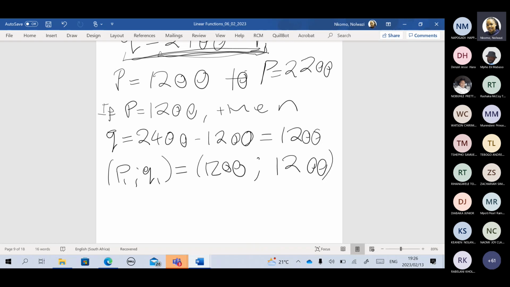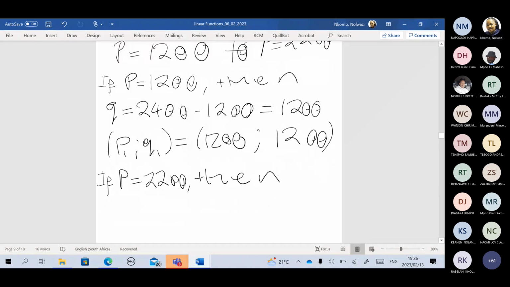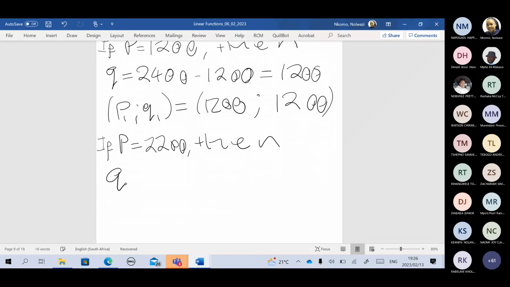To get Q2, we need to use P2 where there is P in our demand function. We'll say if P is equal to 2,200, then Q2 would be 2,400 minus 2,200, which is 200.